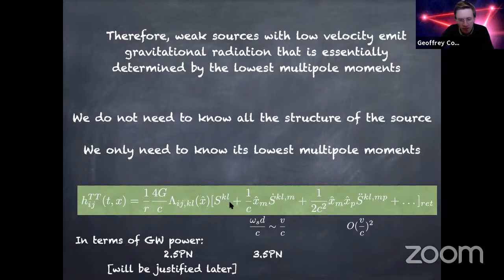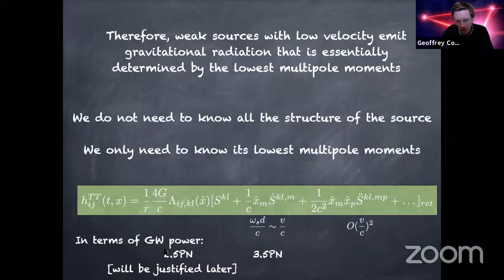But since there is no mixing of these two terms when you do a square, when you have to do some representation theory that I don't have time to explain, it will be only this one squared. So it will be actually a v squared correction, a 1 PN correction with respect to the leading term. So it will be a 3.5 PN correction in total. But I first have to prove all this, just to put some orders and to see where the orders of the corrections are.